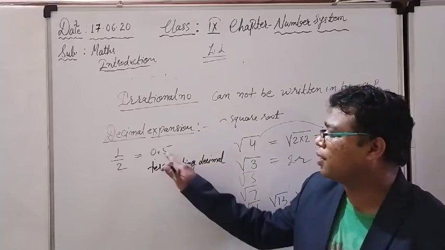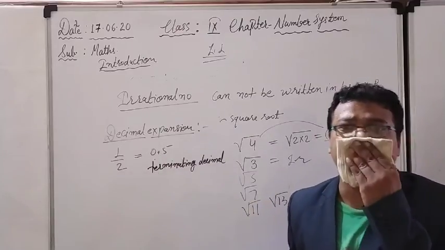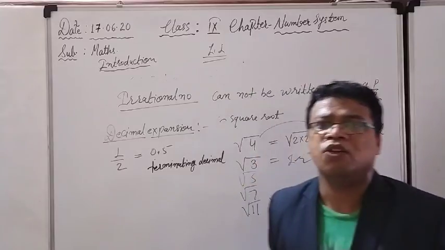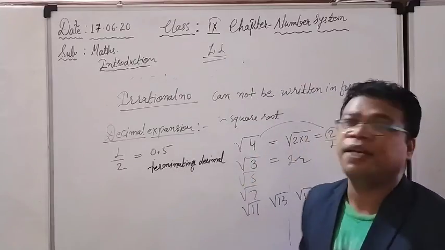In 0.5, after the point only one digit is coming and it is going to be finished. So this is the terminating decimal.